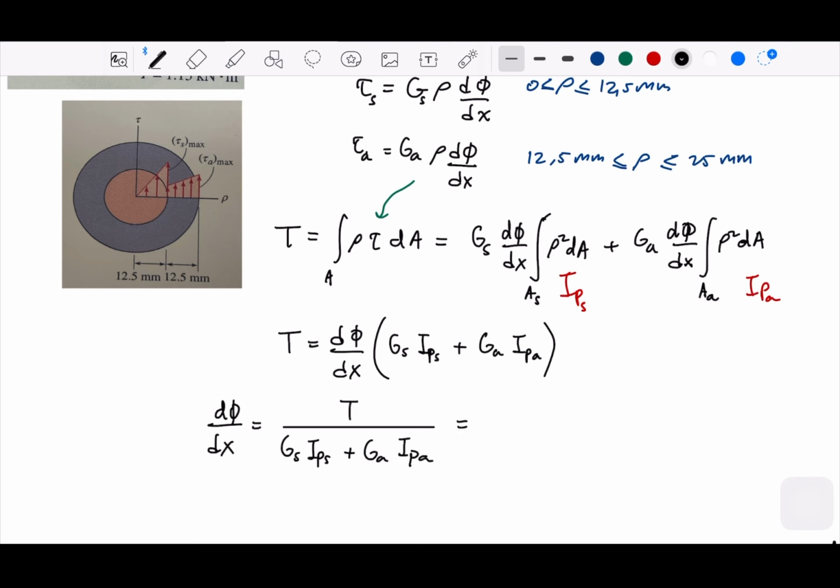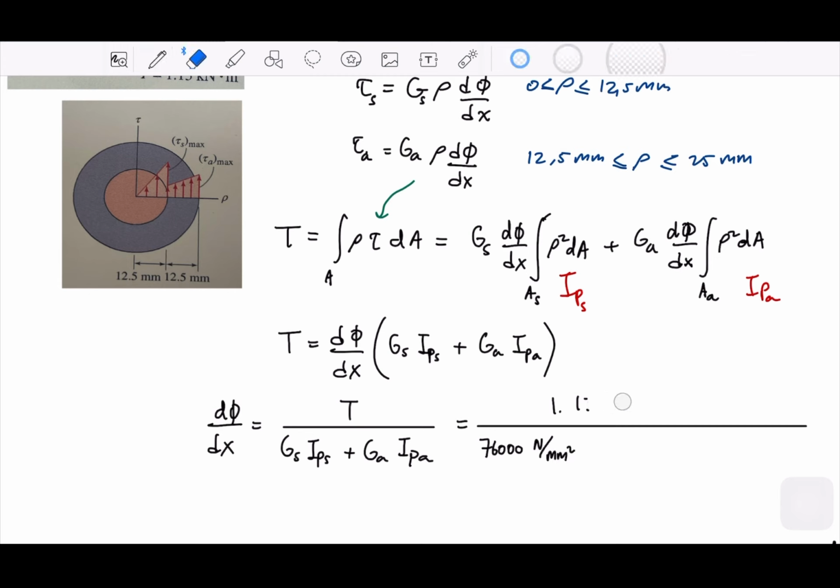So the T is 1.13 kilonewton meter based on what we have. And then G for steel is 76 GPa, so 76,000 MPa or Newton per millimeter squared.